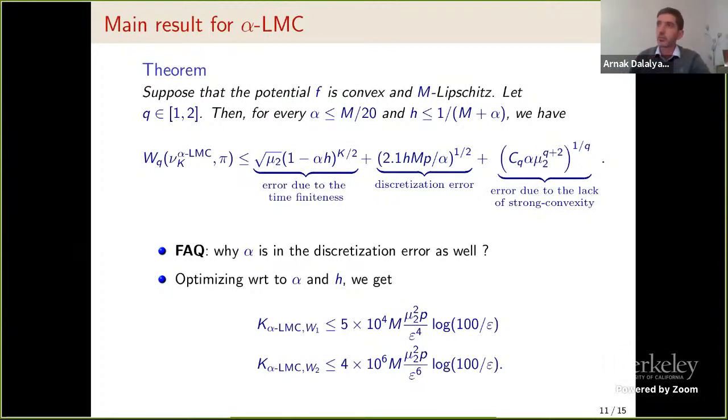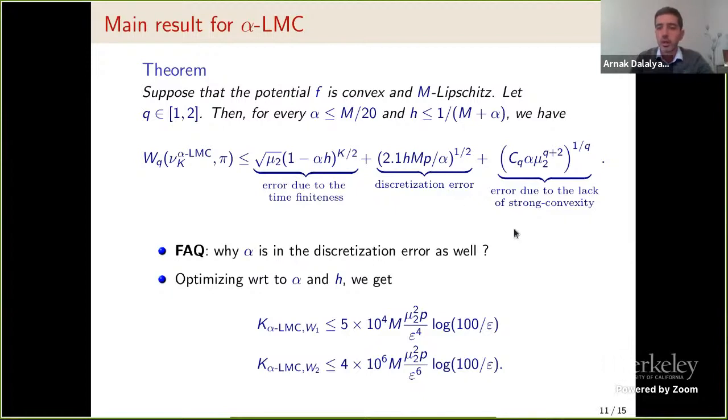But the fact is that we compute here the discretization error after k steps, and so the number of steps we are executing here will depend on alpha. And since the number of steps depends on alpha, the discretization error depends itself on alpha here. So we have to divide here by alpha, and it's present also in all the remaining results.